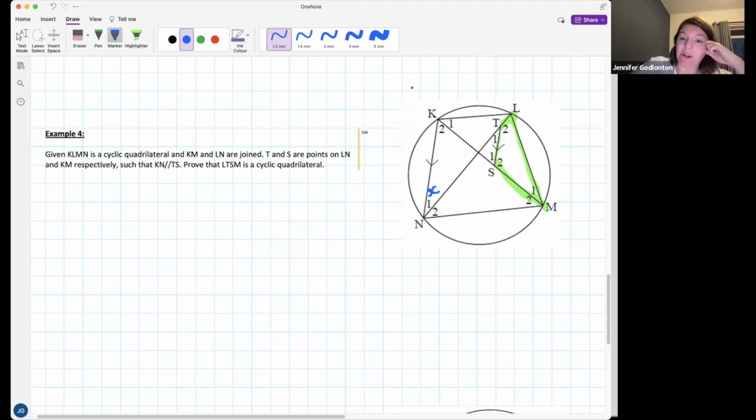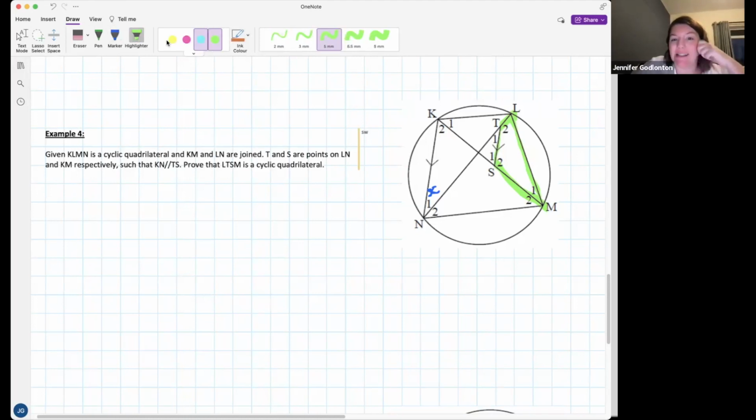S1. Not S1. But isn't it because KN and TS are parallel, and then alternate angles, because they form a Z? Yeah, there is an alternate angle, but it wouldn't be for S. Okay.